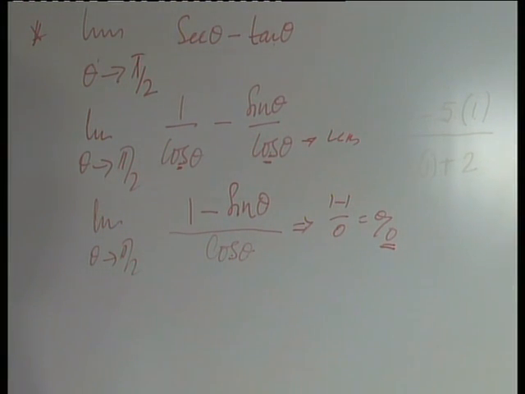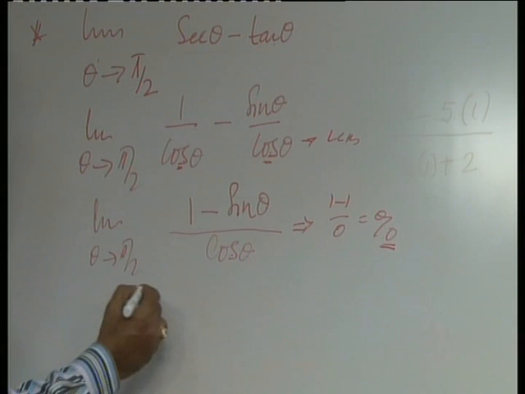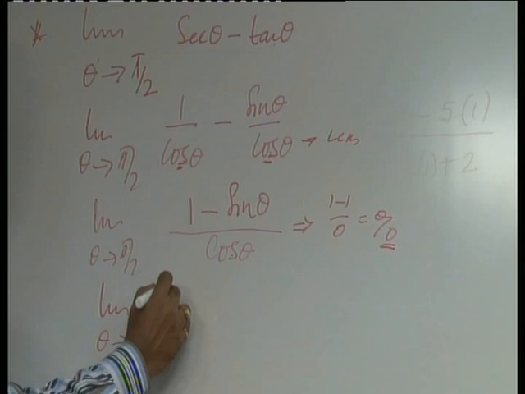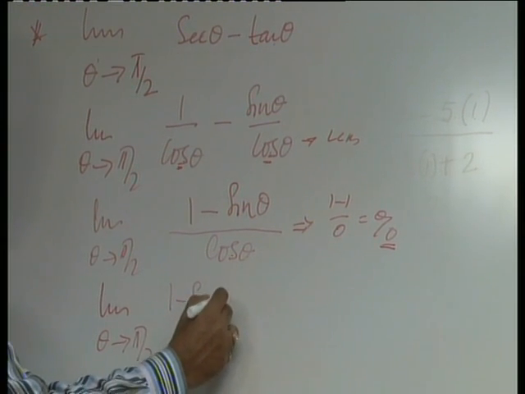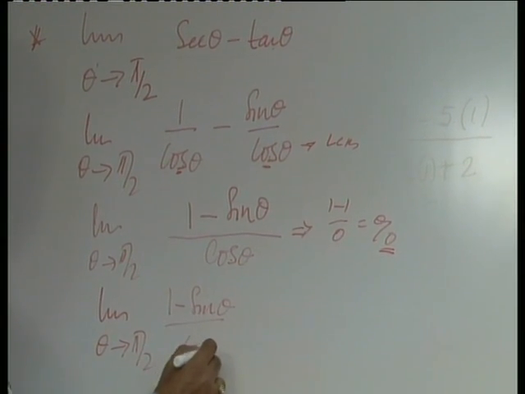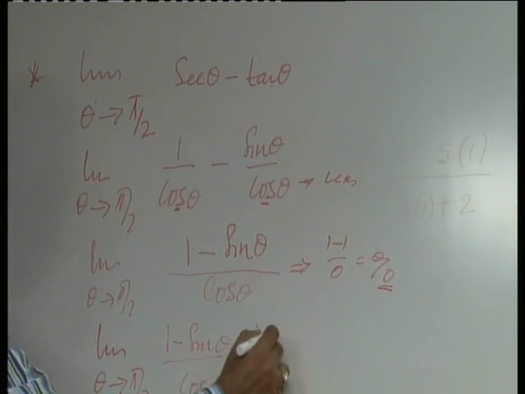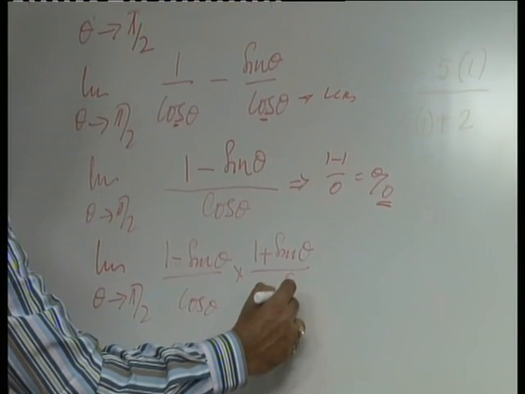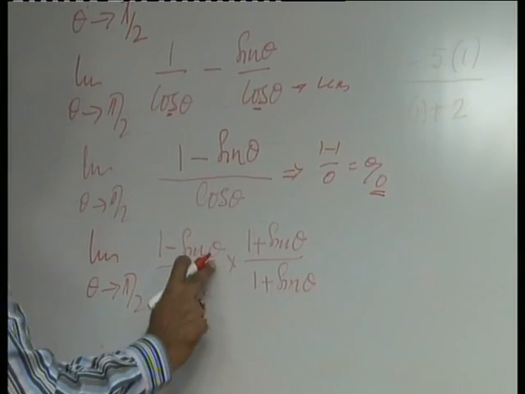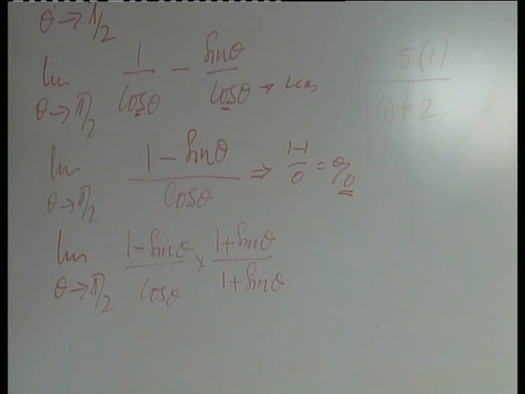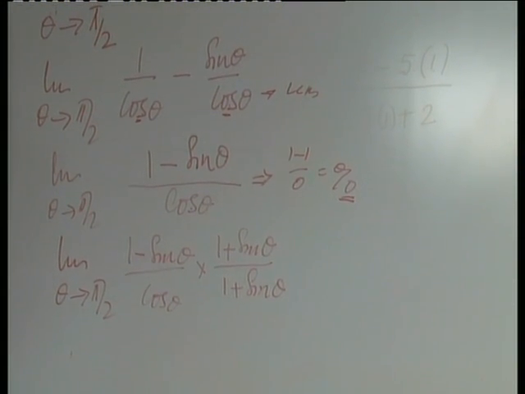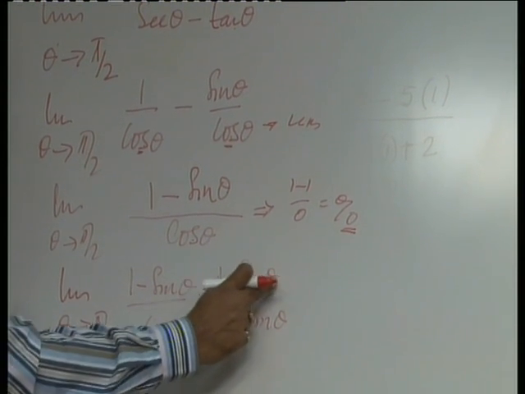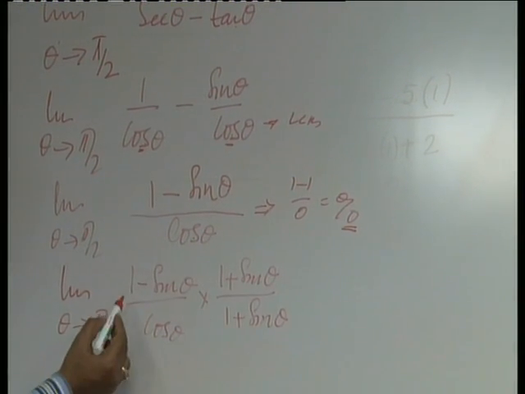Therefore I have to reduce this into another simplified form. To do that, I multiply and divide the remaining term with 1 plus sin theta, that is, I am rationalizing the reduced term 1 minus sin theta divided by cos theta, multiplied and divided by 1 plus sin theta.